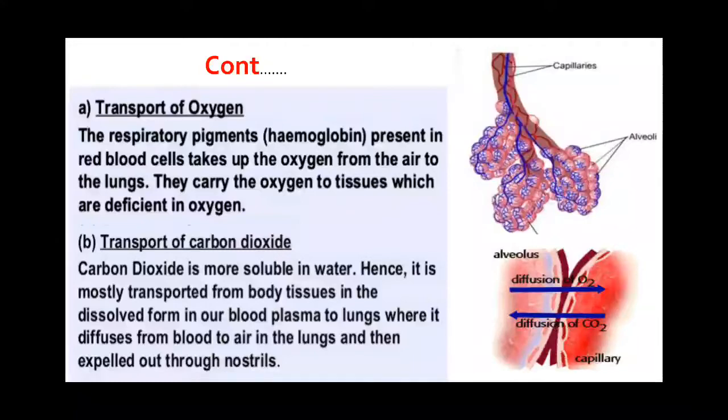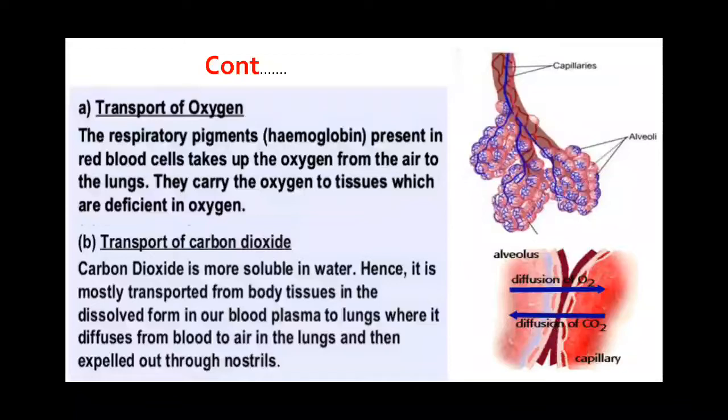Now here the exchange of gases occurs between the oxygenated blood and the tissue cell. Okay, now the concentration of oxygen is more in the blood and less in the tissue cell. So what will happen?